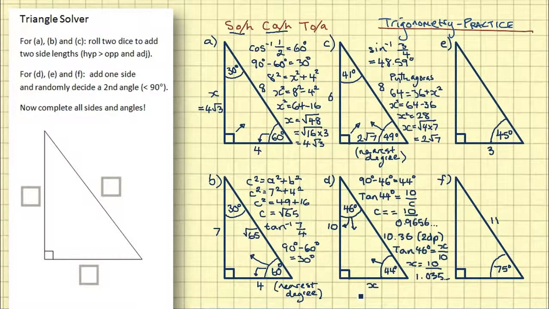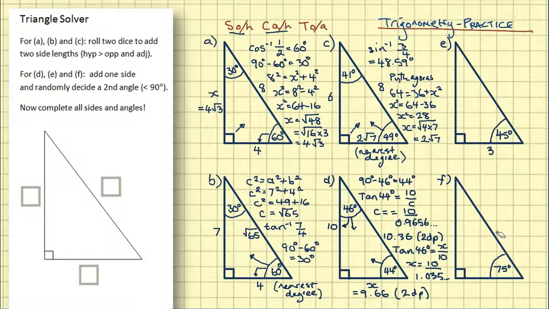Okay, so x equals, let's say, 9.66 to 2 decimal places. Okay, that's that one done. Okay, so let's just put that back in.